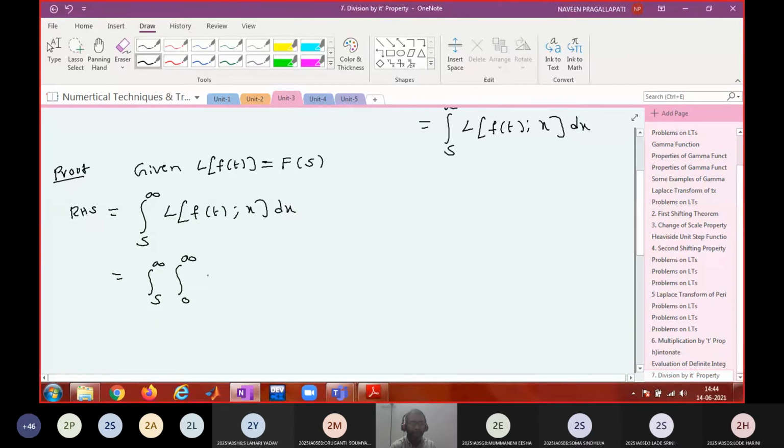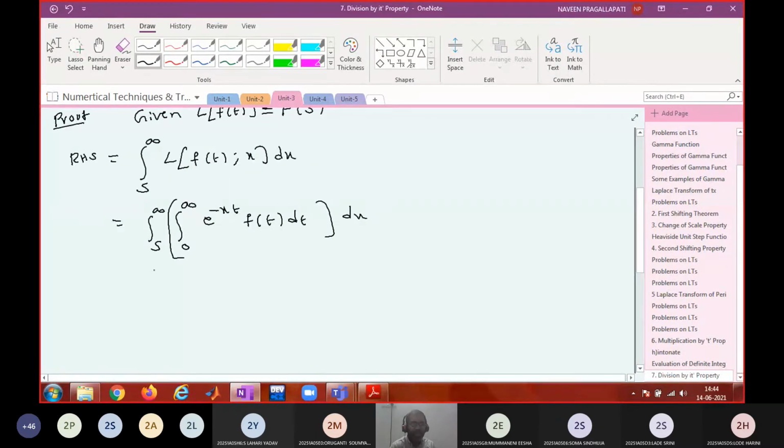Integral from 0 to infinity of e power minus xt f of t dt, since our parameter now is x, and then dx. So this is nothing but a double integral, s to infinity, 0 to infinity, e power minus xt f of t dt dx.